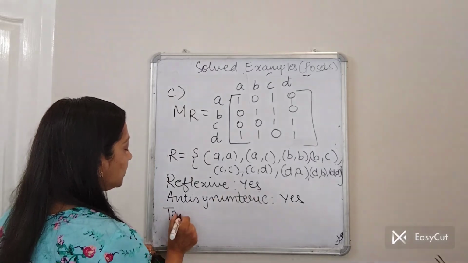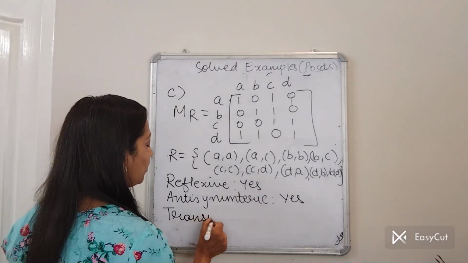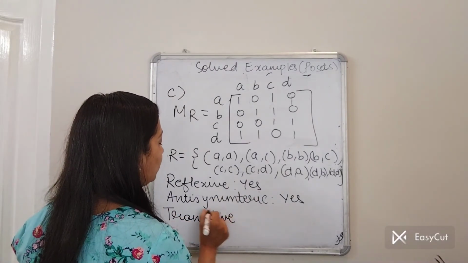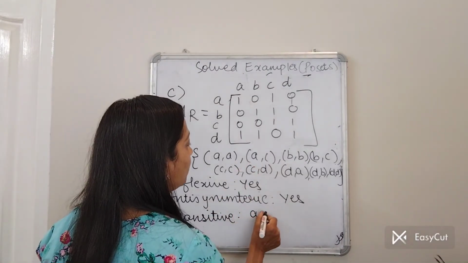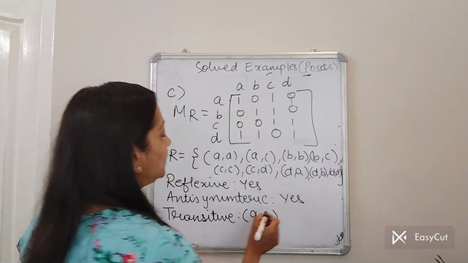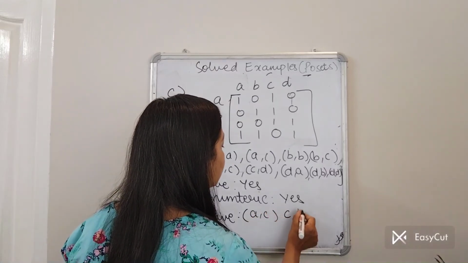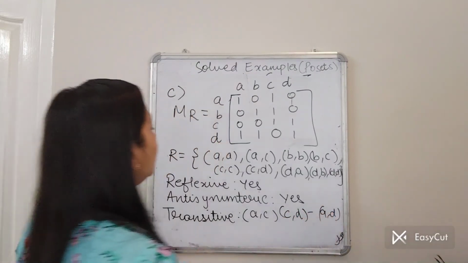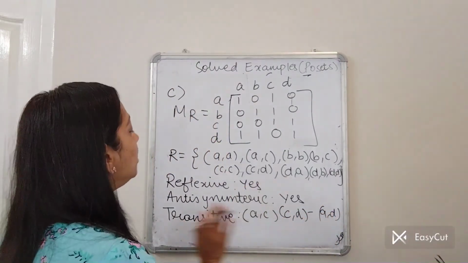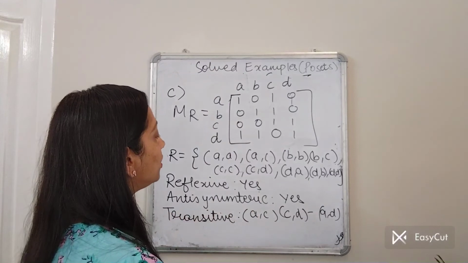Then is it transitive? To be transitive, let's take all the common pairs, AC and CD. That means if AC and CD are there, then AD must be there. Is AD anywhere here? No, AD is not here.